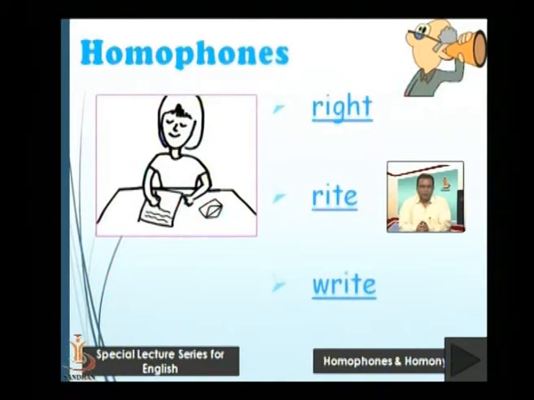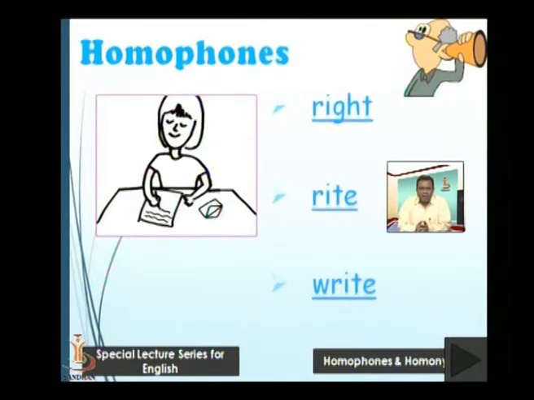Almost 3 words are taken here. Right, R-I-G-H-T. Second is rite, R-I-T-E. And the third is write, W-R-I-T-E. What is right, R-I-G-H-T? Correct. That is right, R-I-G-H-T. That your sum is right.